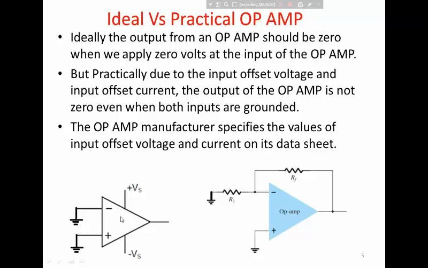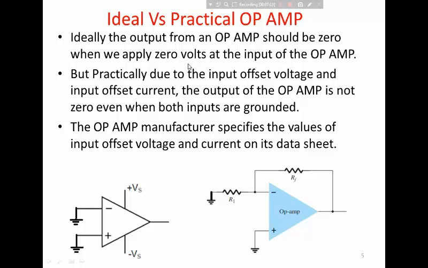So whatever the gain of the op-amp, the output should be 0 as well because the input is 0. So ideally the op-amp should produce an output of 0 for the input being at 0 volts.